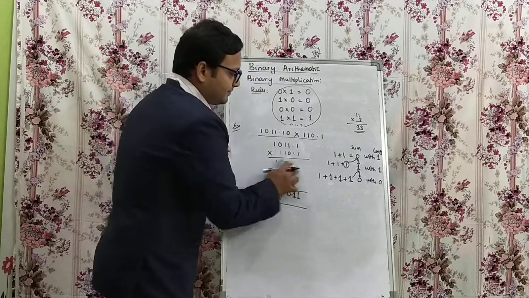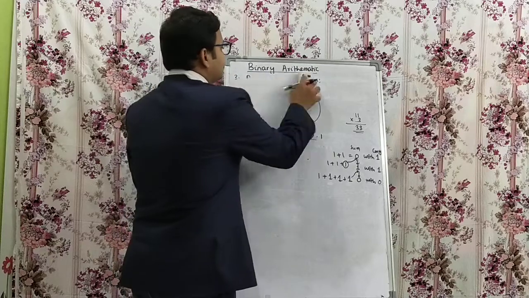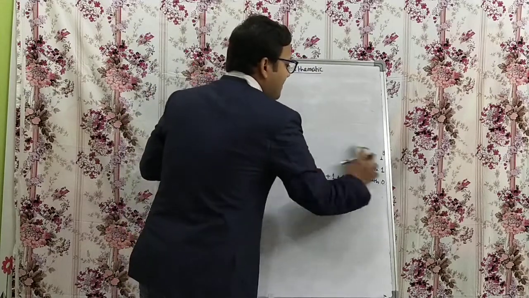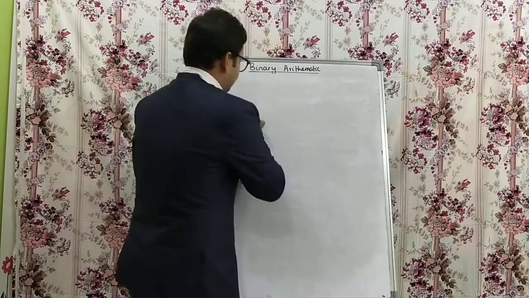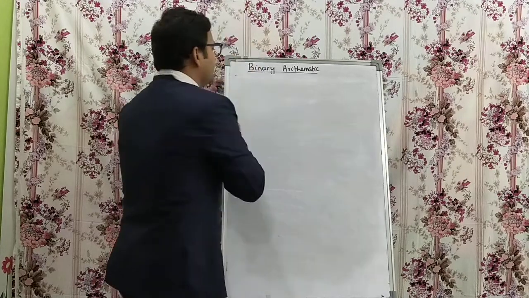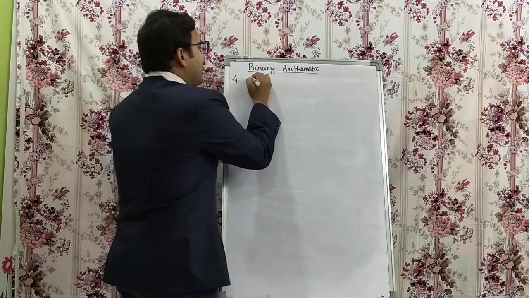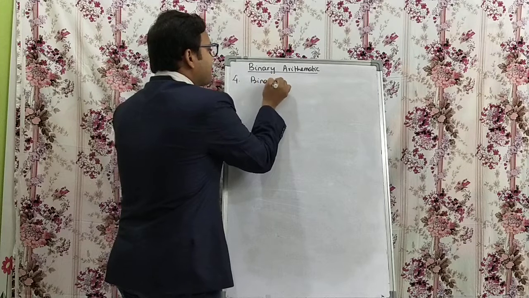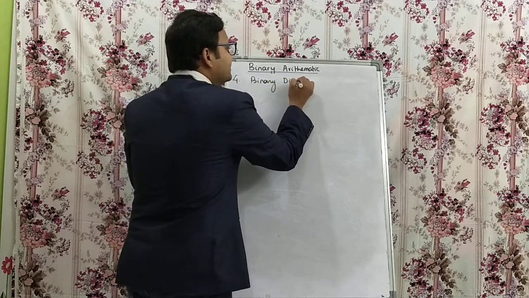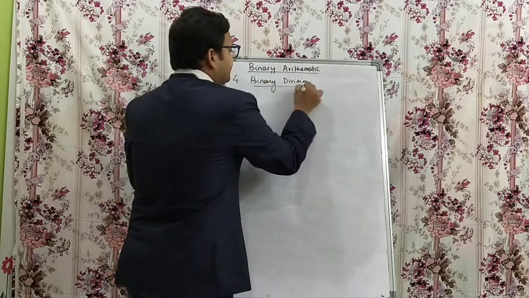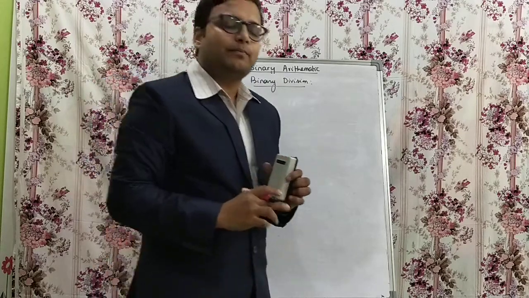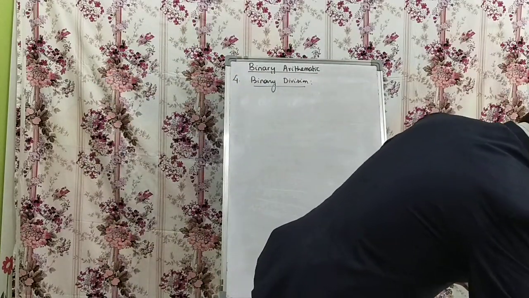Now, very simple. Last one is binary division. So there is no proper rule for the binary division.